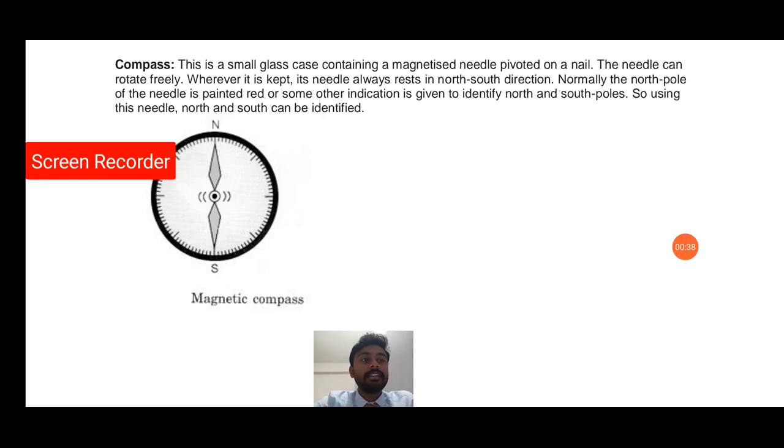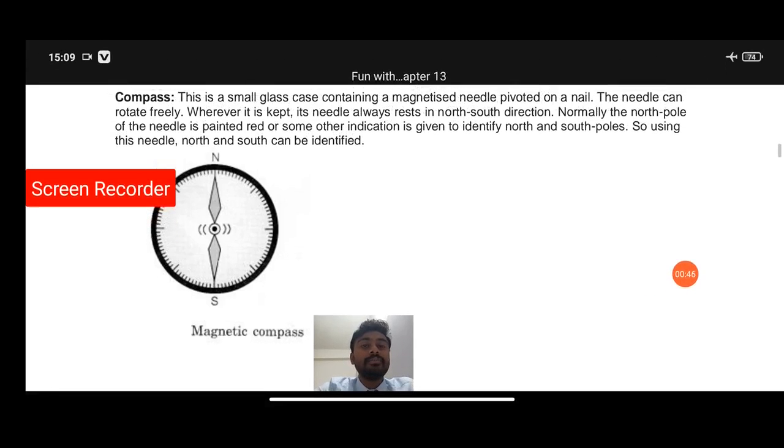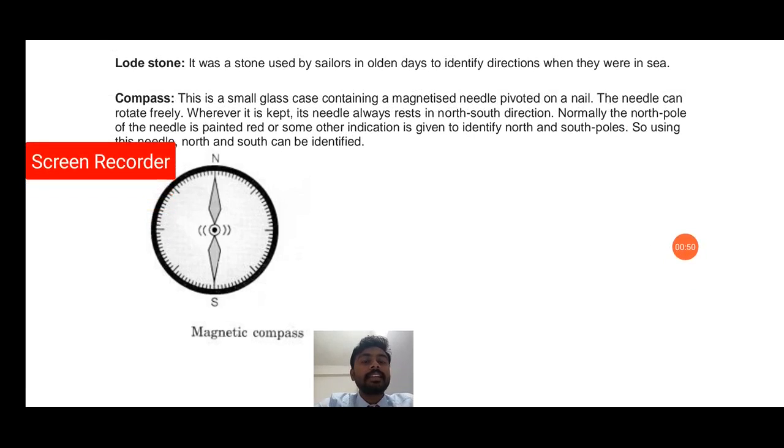On a nail, the needles can rotate freely wherever it is kept. At any time, the needles can rotate freely. But the needles always rest in the north and the south directions.